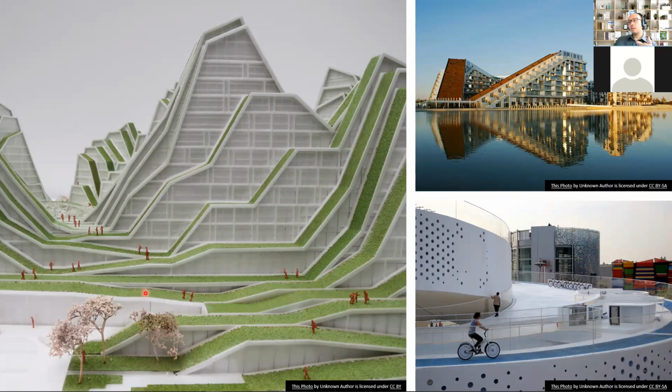There are a couple of other examples. If you are interested in looking at such concepts where the architecture tries to meld into the landscape, then you can Google the Chongqing Magic Mountains.